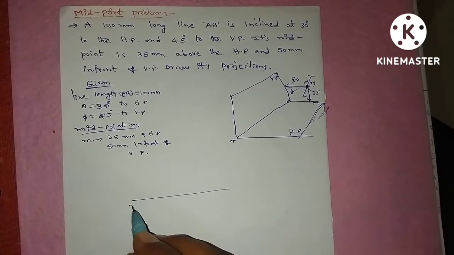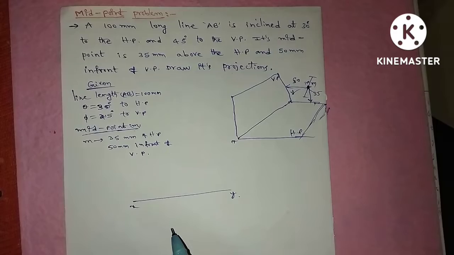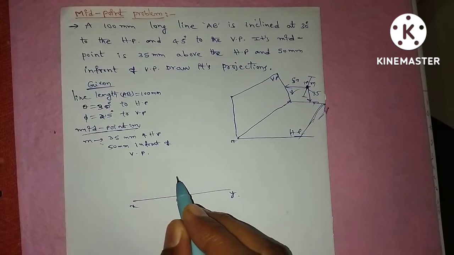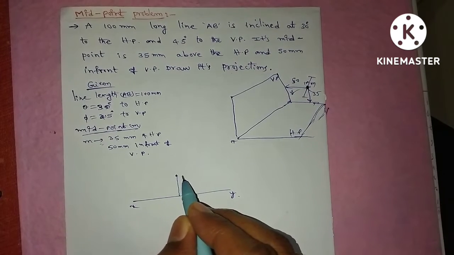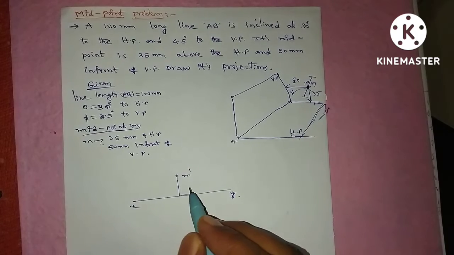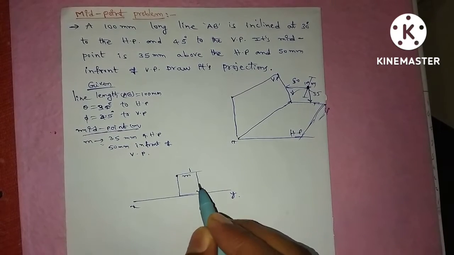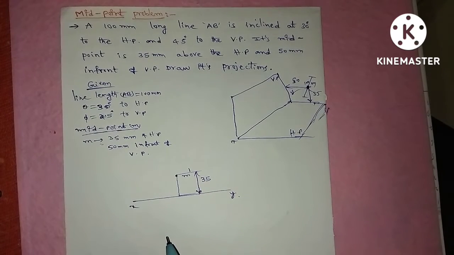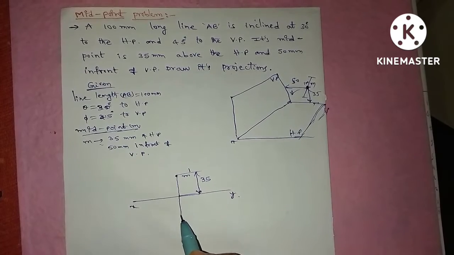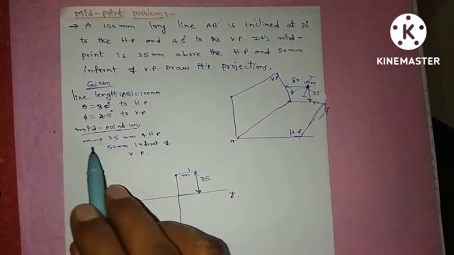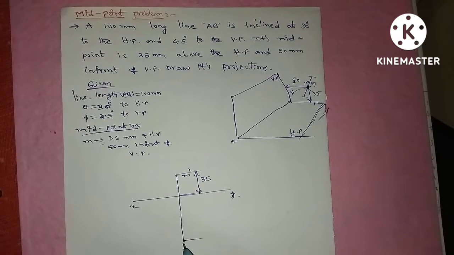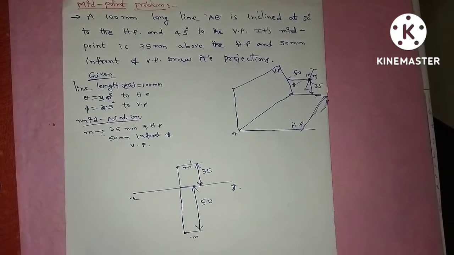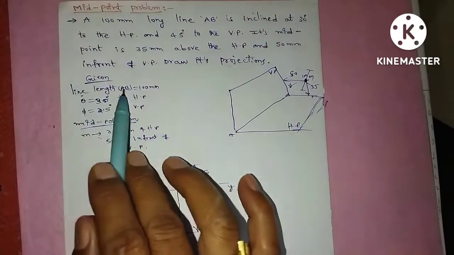Now draw the XY line and first locate the midpoint M. It is 35 mm above the XY line, M dash, and 50 mm in front, so it is below the XY line by 50 mm.